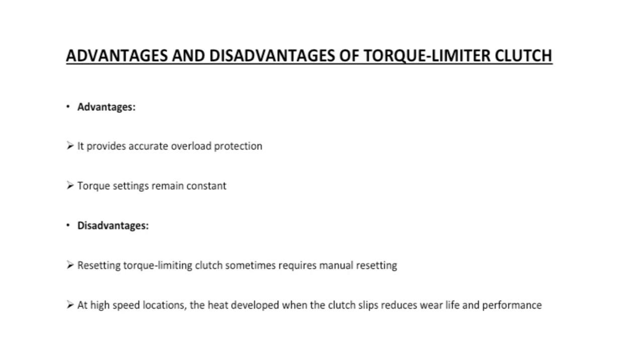So that is the big disadvantage of a torque limiter. There is another disadvantage, that at high speed, the heat developed when the clutch slips affects wear life and performance. So these are the advantages and disadvantages of our clutch.